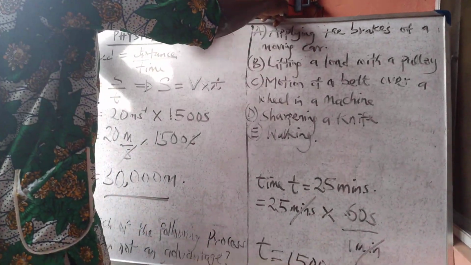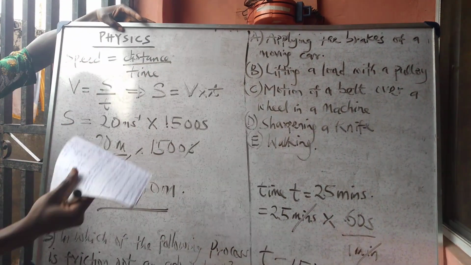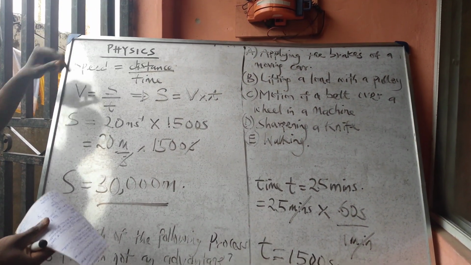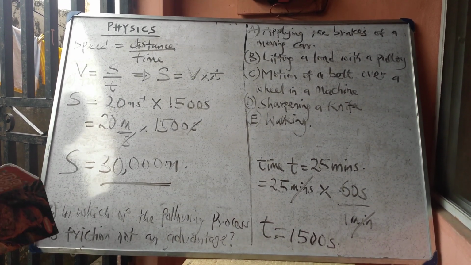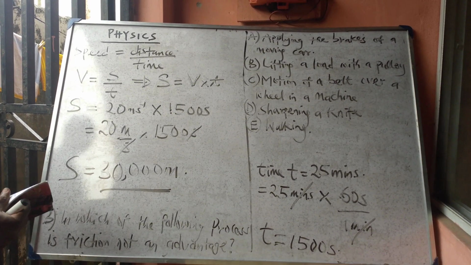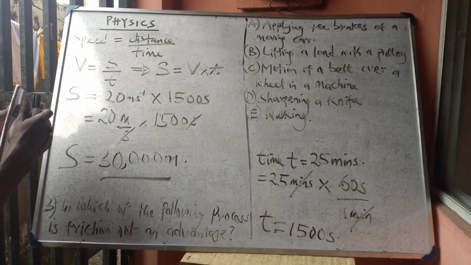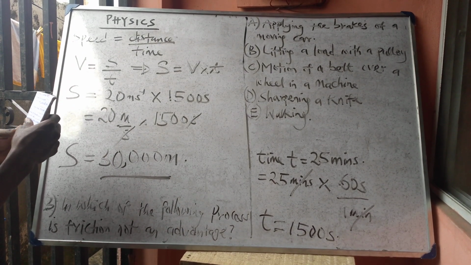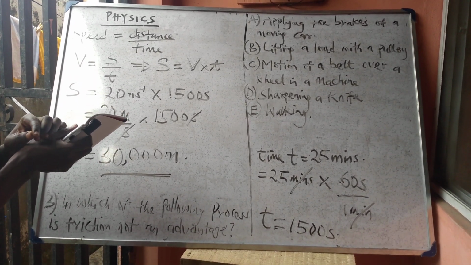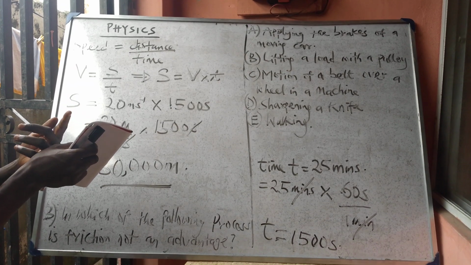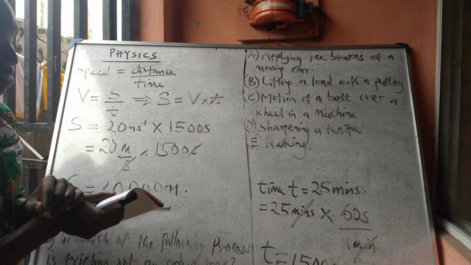So the question is this. In which of the following process is friction not an advantage? First, they talked about applying the brakes of a moving car. Now we see that friction is a force that opposes relative motion, and it occurs between two bodies or two surfaces in contact.